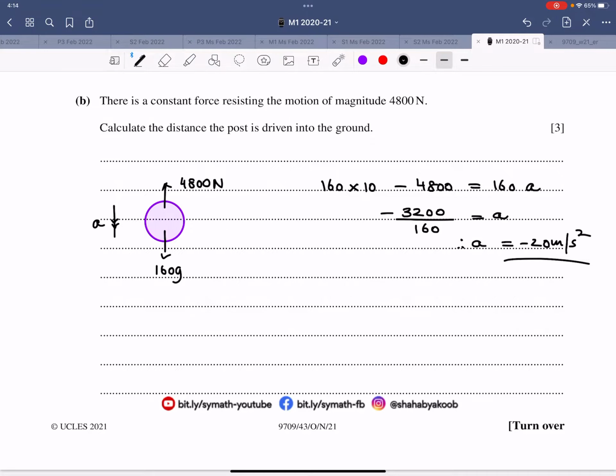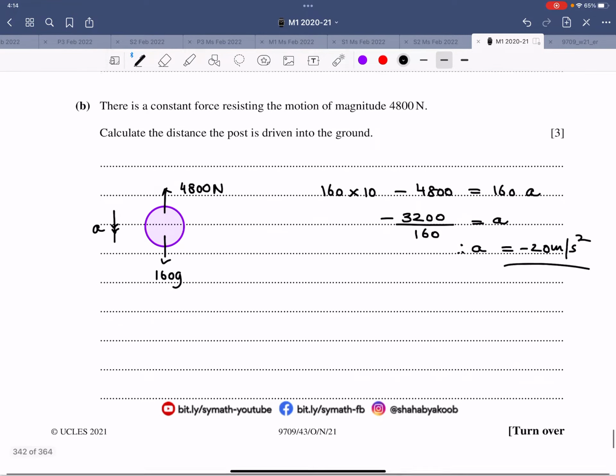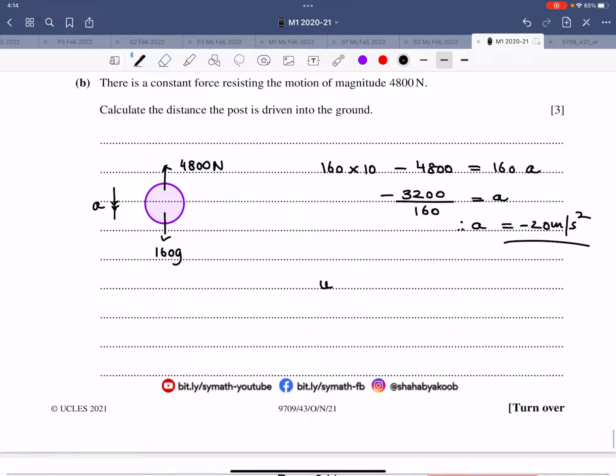Now kinematics. Initial velocity was how much? That was 6, because that is the answer for the first part. That was the speed with which it was driven in, and it's now coming to rest, and the acceleration is negative 20.